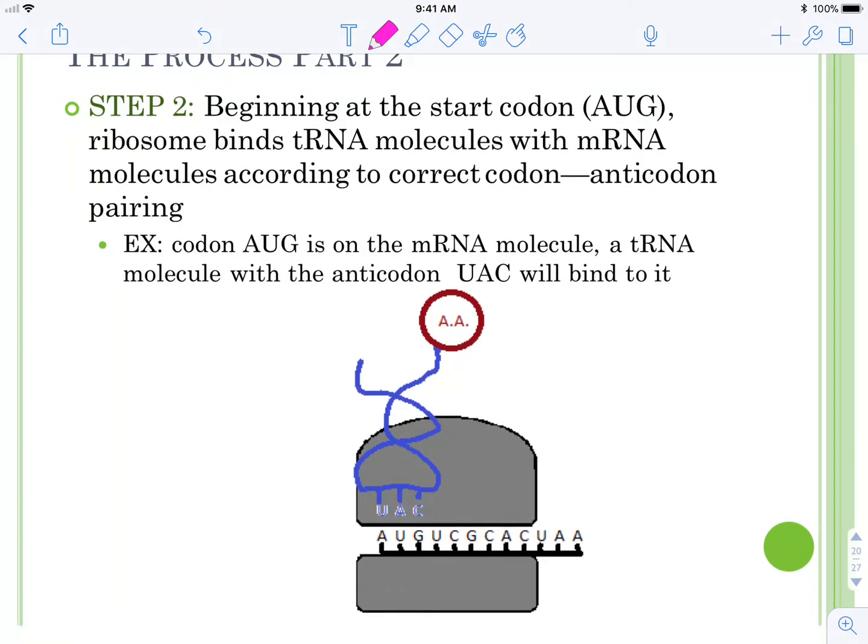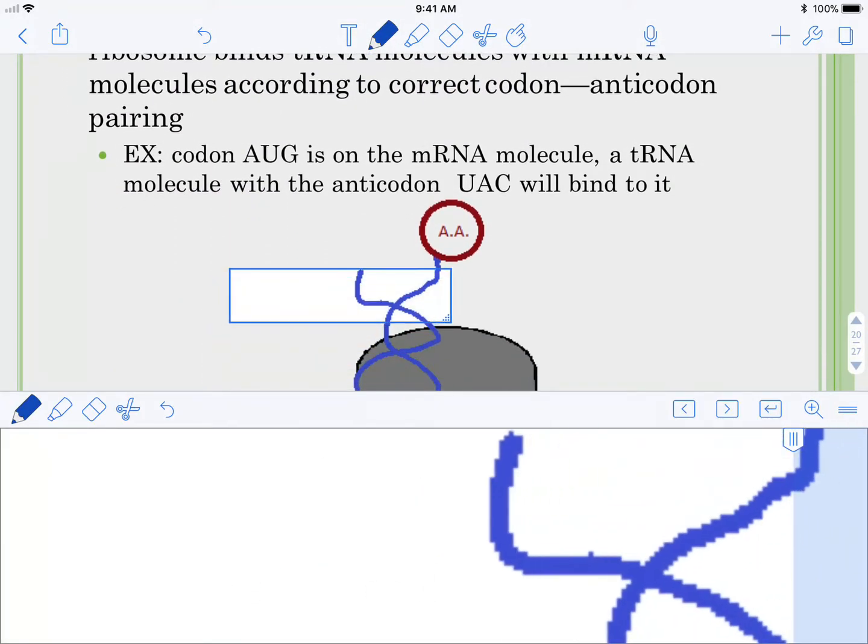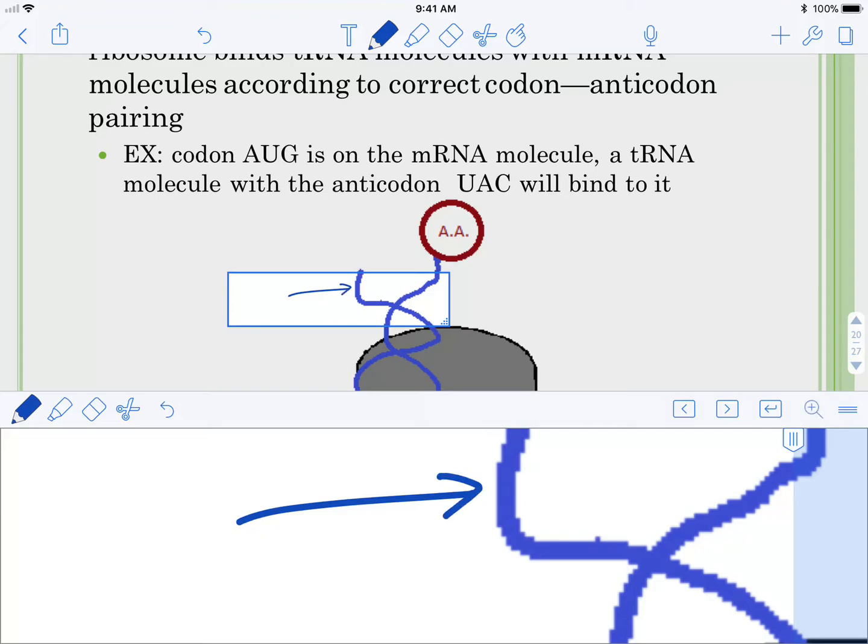We're going to see another player come into play here. That additional player is going to be our tRNA. If you remember from Friday, we said that the purpose of tRNA is to transfer an amino acid over to the ribosome.